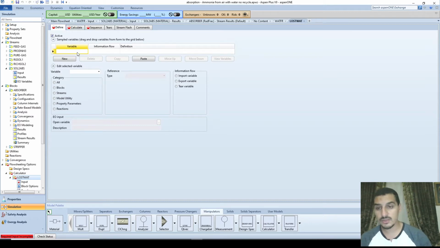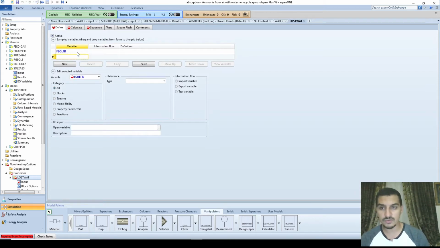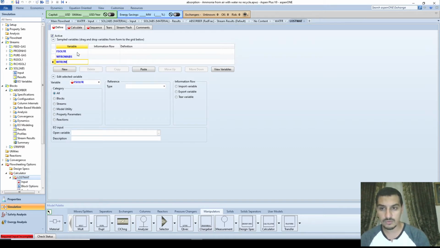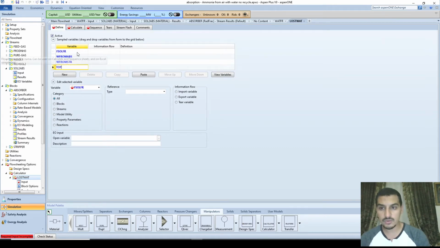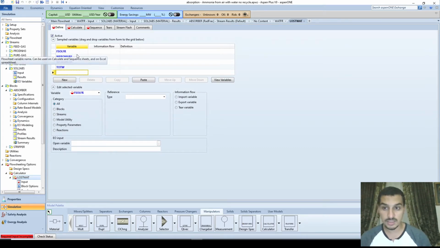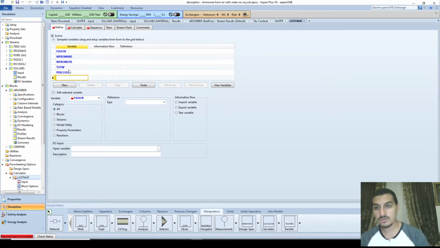I need to define the solvent flow rate, which is the feed solvent, so let's name it feed solvent flow rate, and we want to calculate the water from absorber and the water from stripper, and the total water, which is going to be calculated, and the percent loss, which is the amount of water lost divided by the total amount of water that I used.